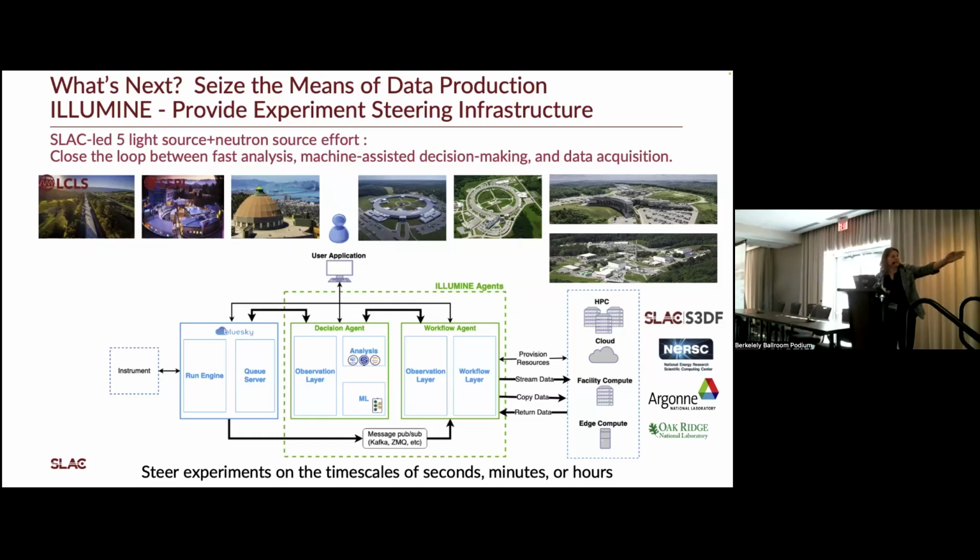So the goal is to create some form of API between us, the light sources, and those leadership class facilities that's uniform enough that we can routinely make use of those external resources. So we're trying to close that loop between fast analysis, machine-assisted decision-making, and data acquisition, and make it hum.